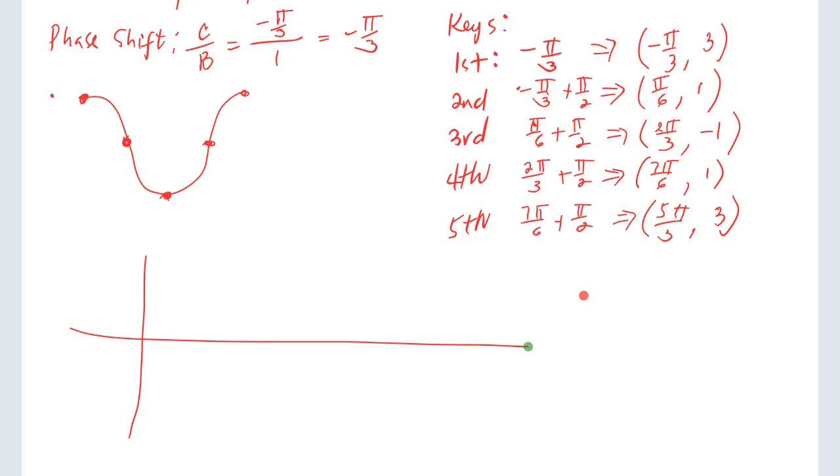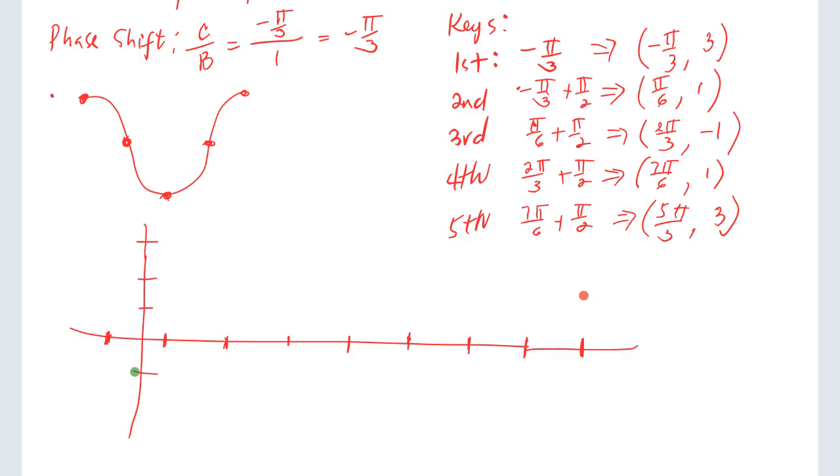So we have negative pi over 3 at the point. Then pi over 6.